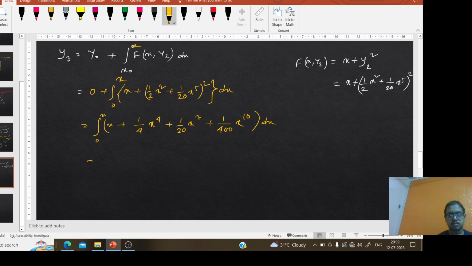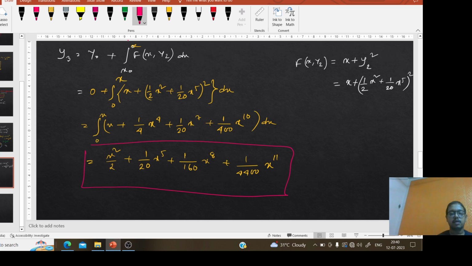So now we have to just simplify this one. We get x squared by 2 plus 1 by 20 x to the power 5 plus 1 by 160 x to the power 8 plus 1 by 4400 x to the power 11. So this is the third approximation of the given equation.